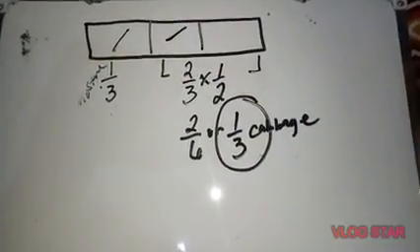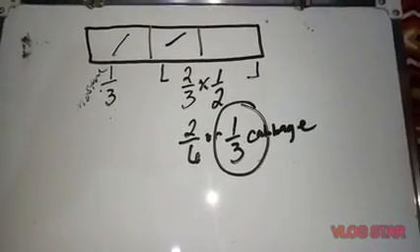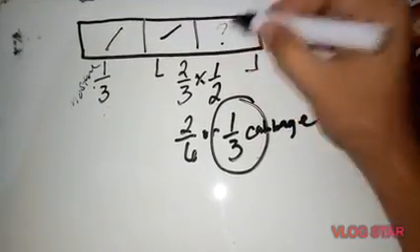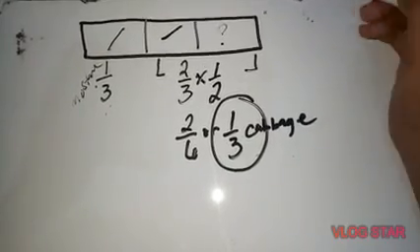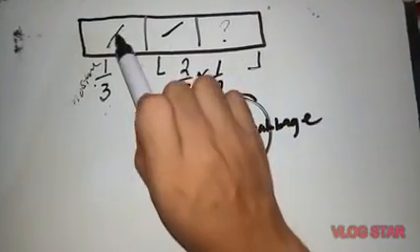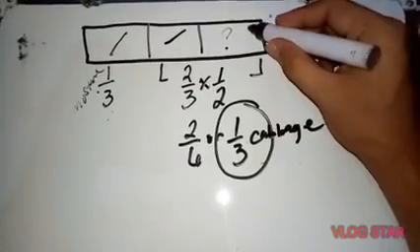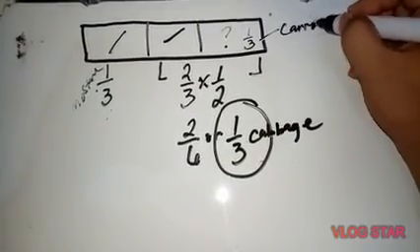And the question is, what fraction of the garden plot is planted with carrots? So it means we're looking for this one. What part of the fraction is for carrots? So it's obvious that this is 1/3, 1/3, and 1/3. So 1/3 part is for carrots.